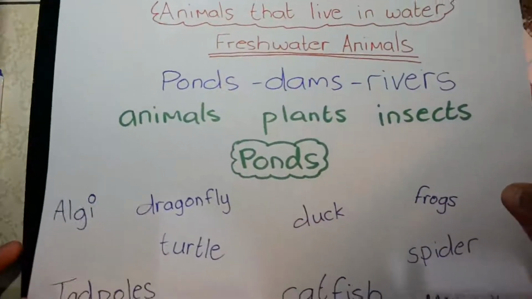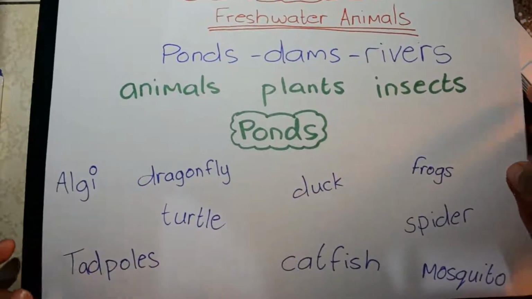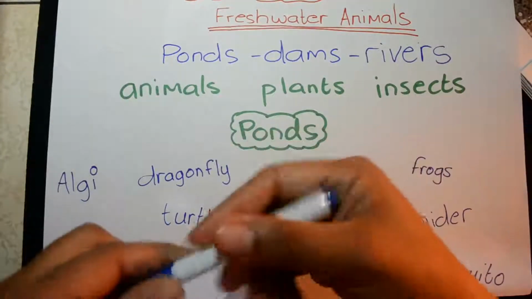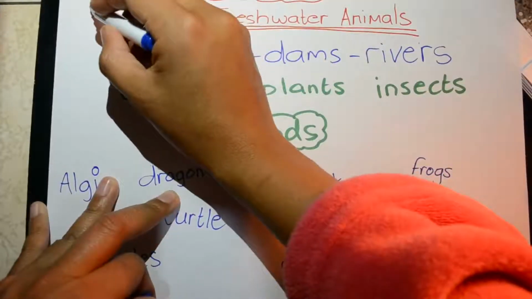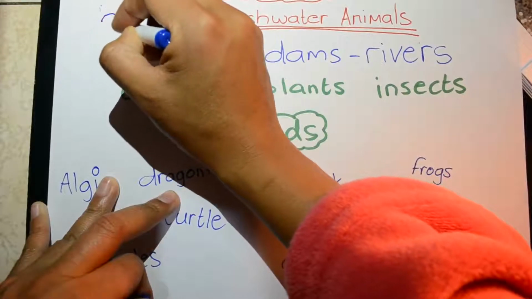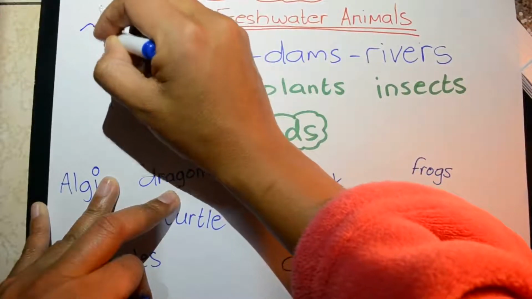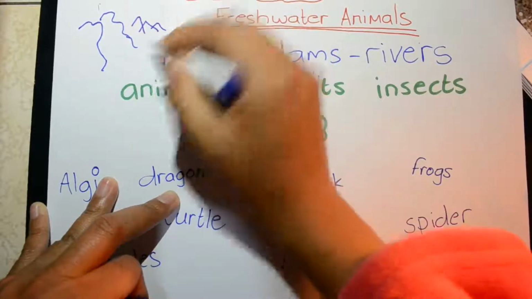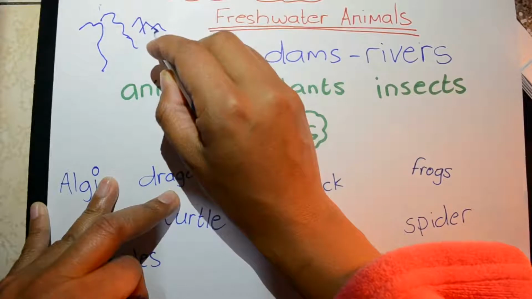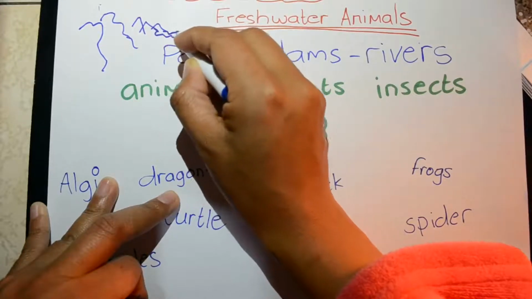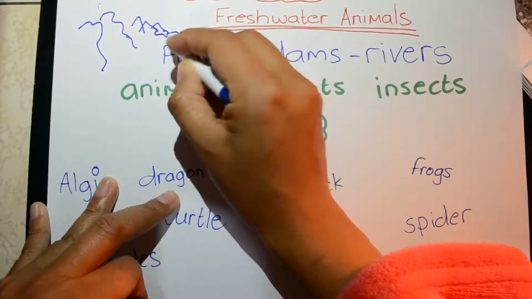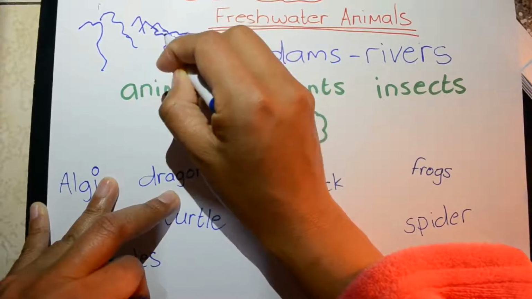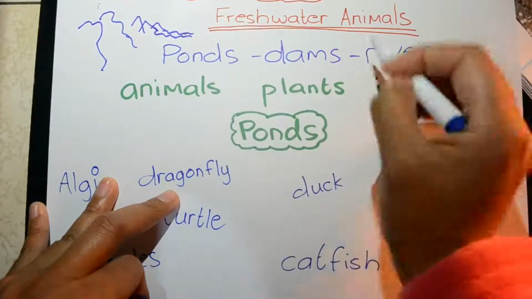Also, to mention how ponds form, which we'll discuss with rivers: there's water and there are mountains. I can't draw such nice mountains, but from these mountains going downhill you get rivers. The water comes from the mountains and flows into rivers, which we'll talk about later.